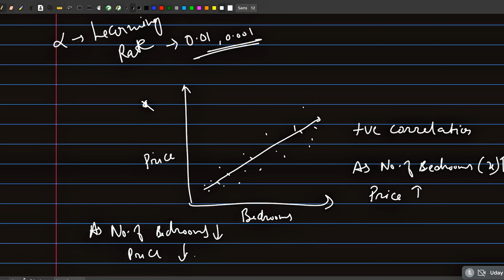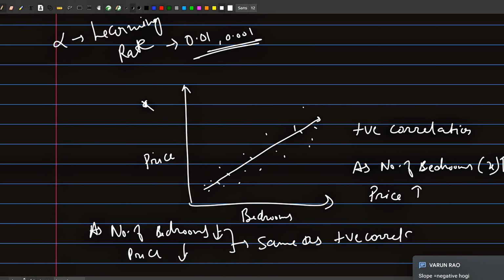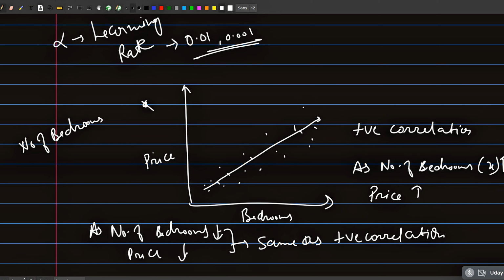For negative correlation, what we will have is that the number of bedrooms increases, but the price decreases. So we would have a graph like this.